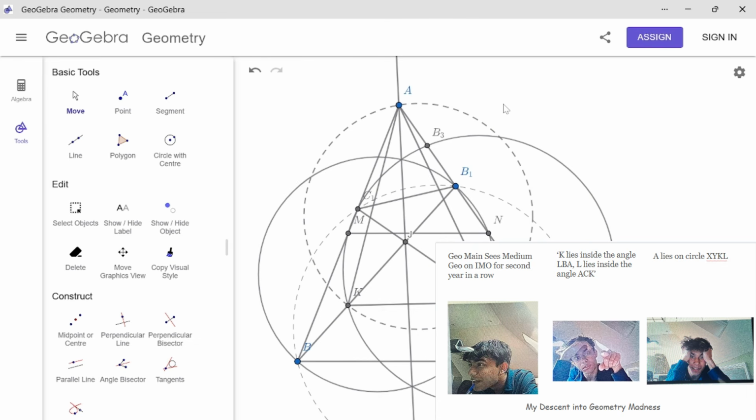And we know that AC times AB3 is AC1 times AM, which is AB1 times AN. And since AN is half AC, we need AB3 to be half AB1. Okay, so we actually know that B3 is the midpoint of AB1, given how it's defined.